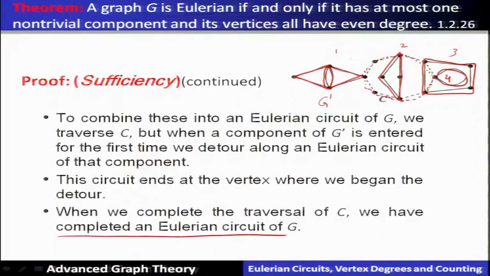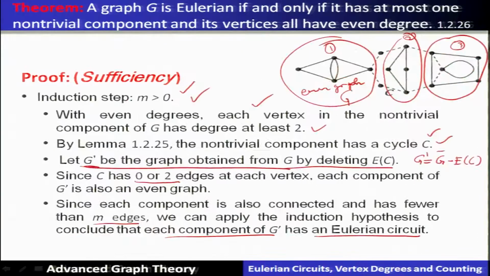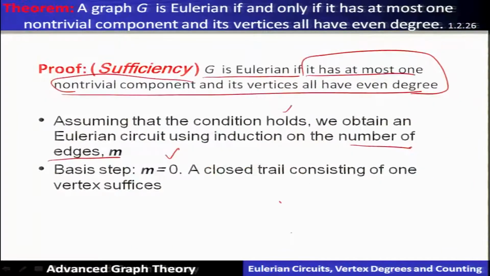This completes an Eulerian circuit of G, the way we have detoured it. So, what we have proved here is that we started by assuming that this particular condition holds, and now we have obtained an Eulerian circuit, hence this graph is Eulerian. So, both sides we have completed the proof.